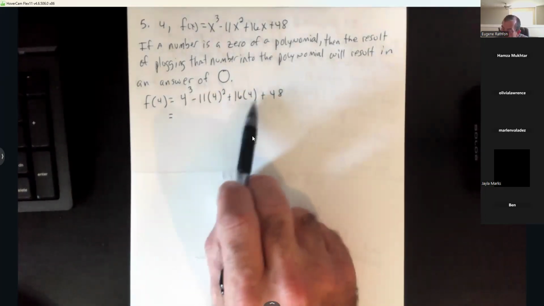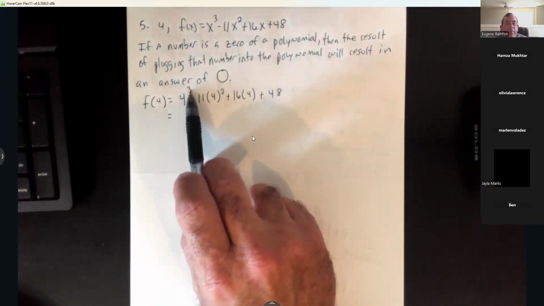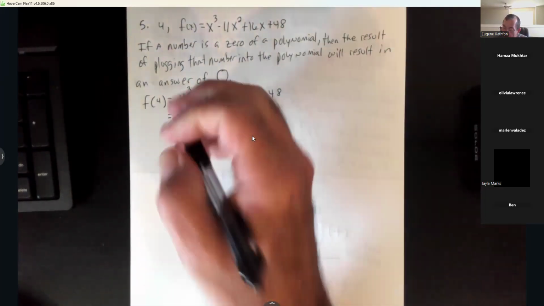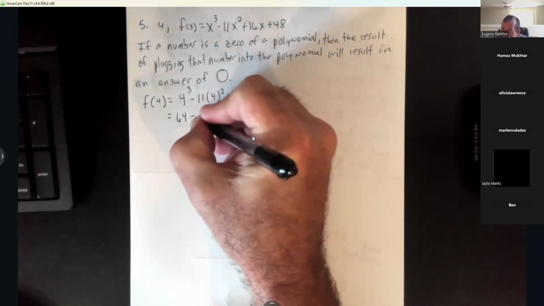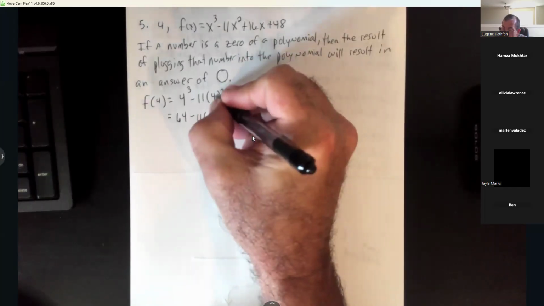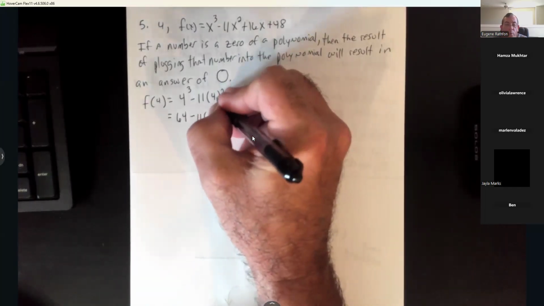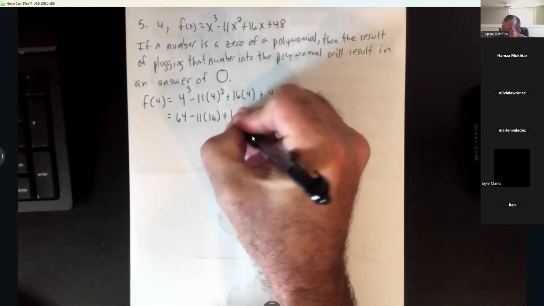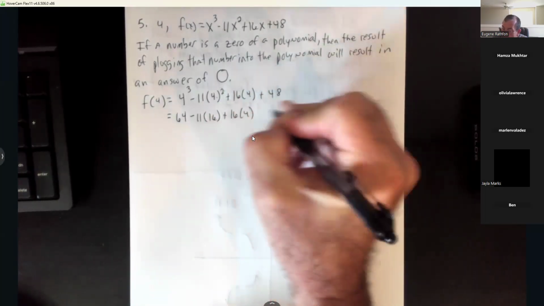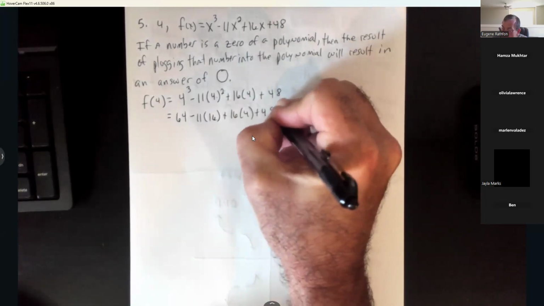So y'all want to do the exponents first. So 4 times 4 times 4 is 64 minus 11 times 4 squared. 4 times 4 is 16. And I'm just bringing everything else down. I just wanted to work my exponents first.